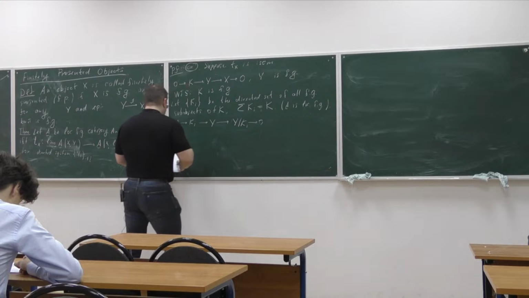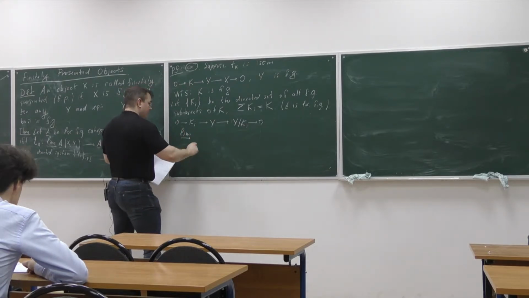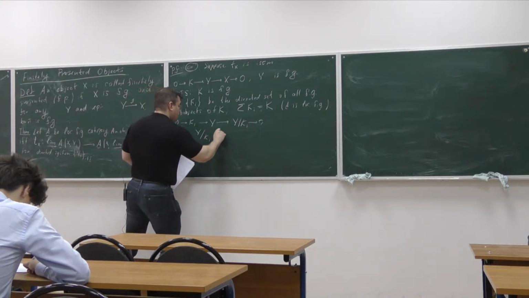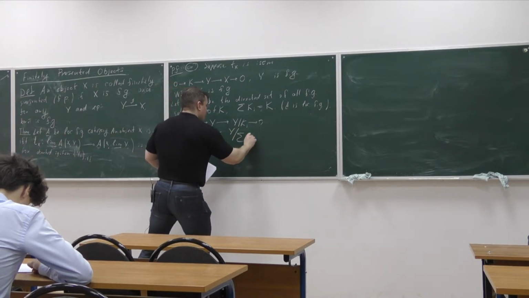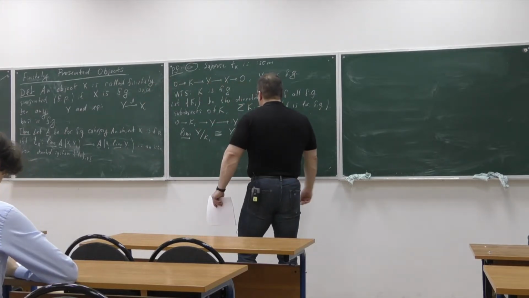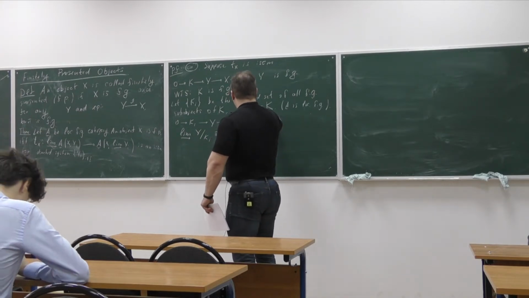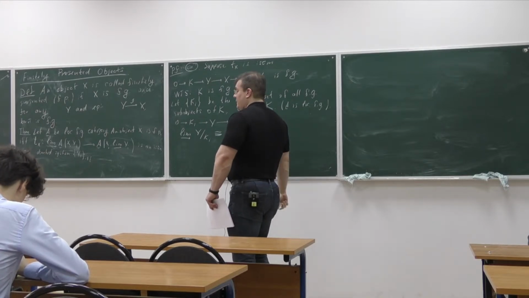We can take the limit, and the limit gives us the following: Y modulo K_i is isomorphic to Y modulo the sum of K_i's, which by our previous observation is Y modulo K, so this is isomorphic to X.